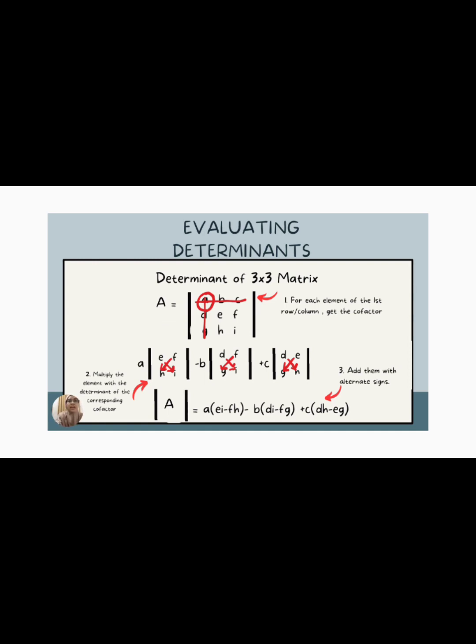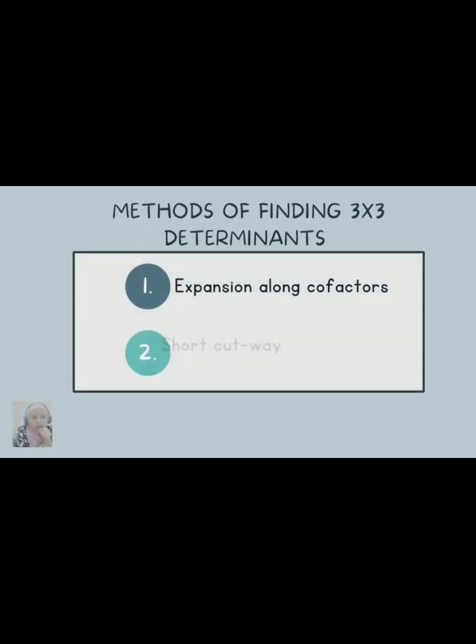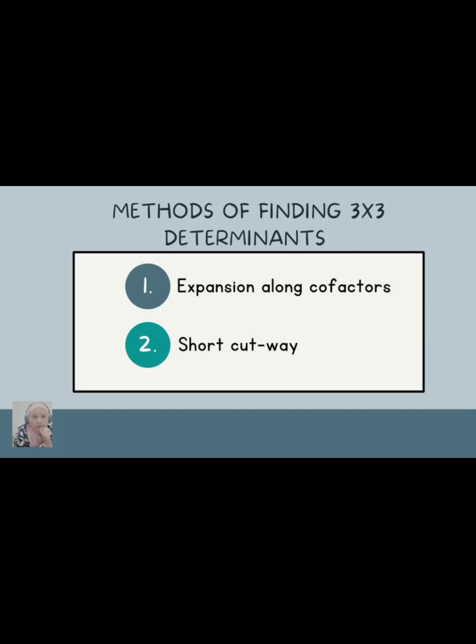Then you multiply the elements with the determinant of the corresponding cofactor. Lastly, you add them with alternating signs. For the next slide, these are the two methods of finding determinants: expansion along the cofactor and the shortcut way.